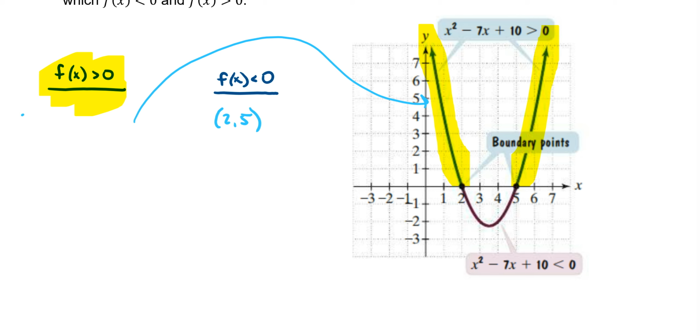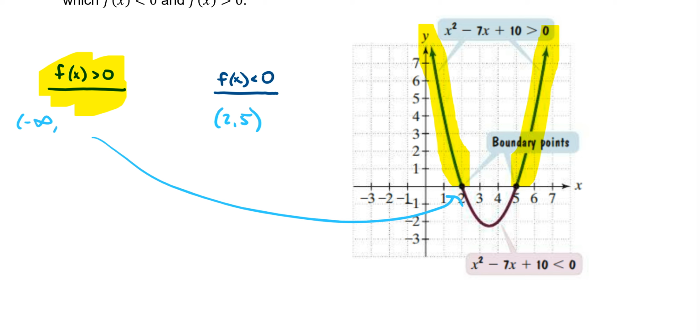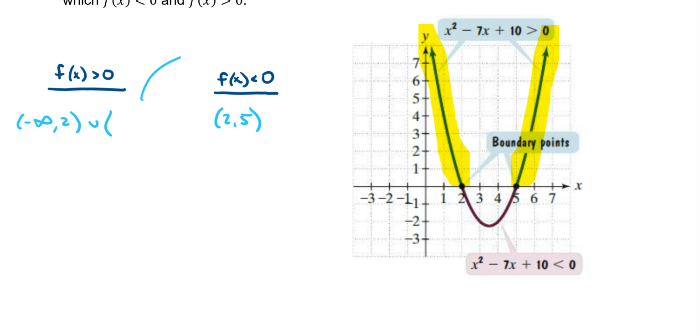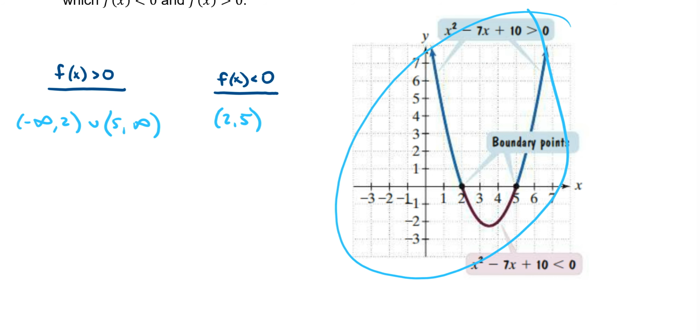So the first interval on the left is negative infinity to the boundary point of 2, and then union or comma, and the second interval over here on the right is going to start at the boundary point of 5 and continue forever to infinity. So these are the two different intervals for when the function is less than 0 and when the function is greater than 0. Hopefully you agree that having the graph in front of you makes these questions a lot easier.